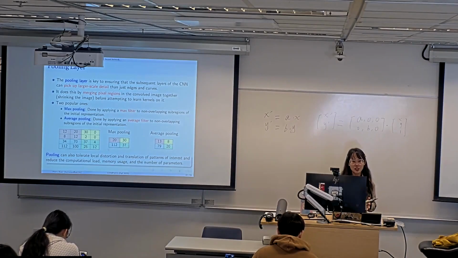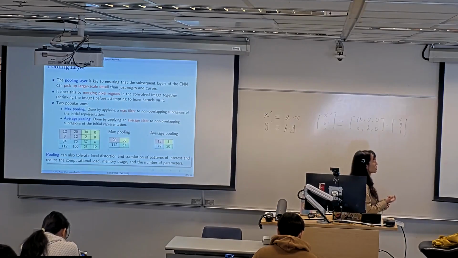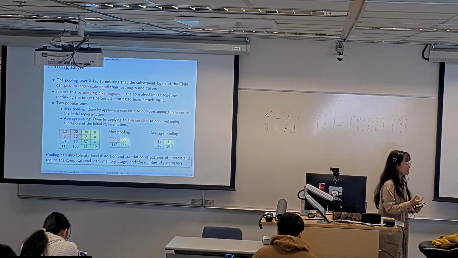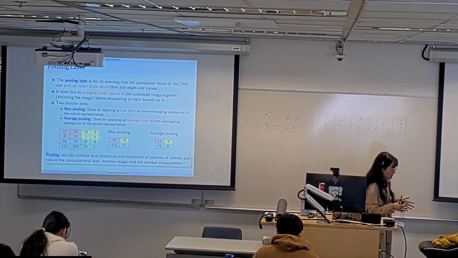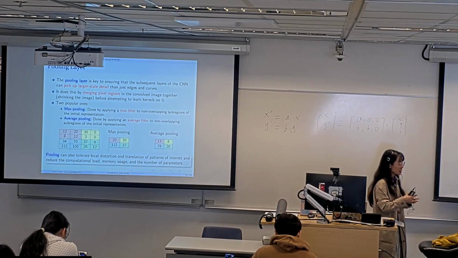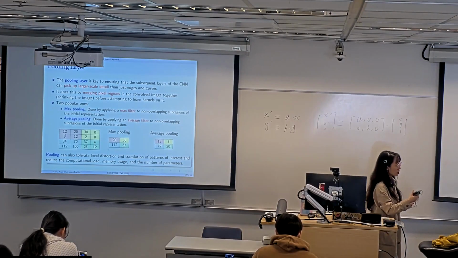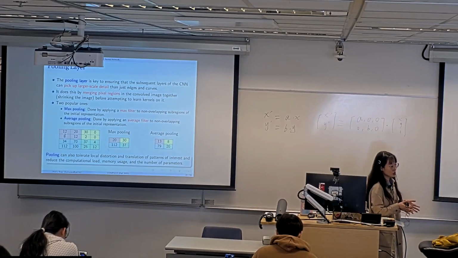But we believe that all the features now are more useful for prediction. The pooling can also tolerate some local distortion and translation of patterns of interest, because after you combine the information in a subregion together, it becomes more tolerant of local distortion.